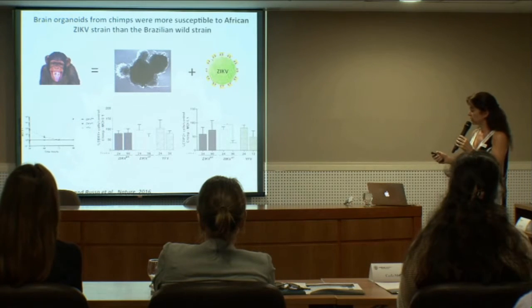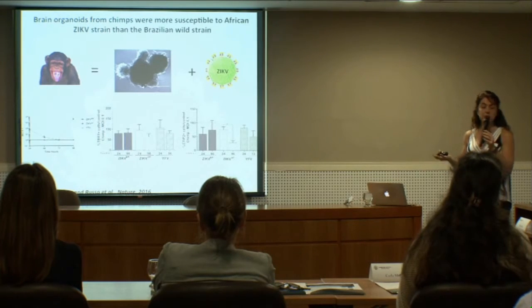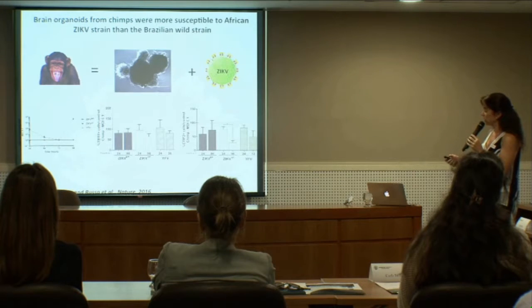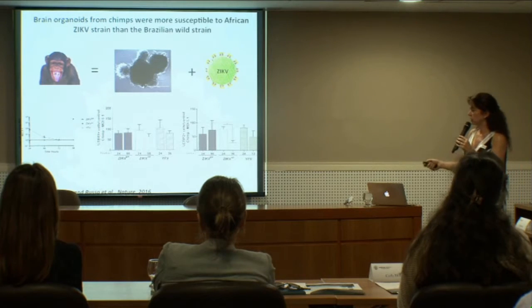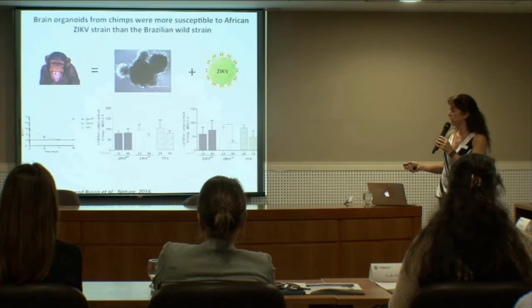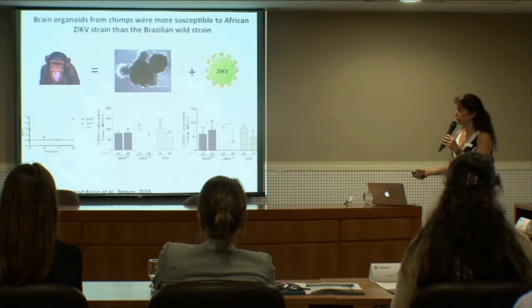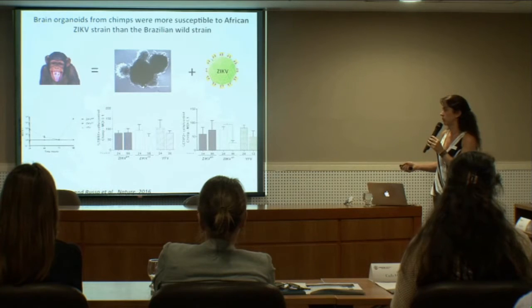So we notice that in this case, chimps are non-human primates, but when we have these cells, the effect of the virus, the African strain, is the complete opposite compared with the Brazilian one, which is more aggressive in human cells. So we have better replication of the African Zika strain compared with the Brazilian strain, and also with the yellow fever.